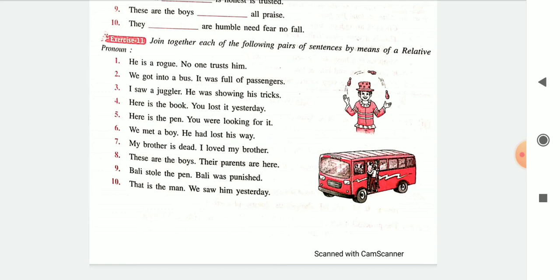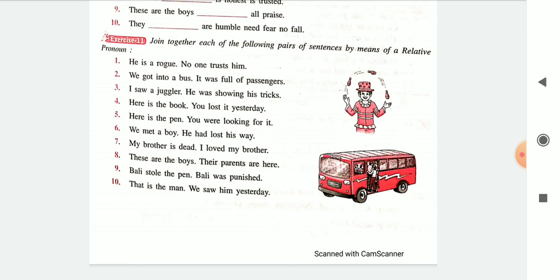One more. We got into a bus. It was full of passengers. We got into a bus which was full of passengers. Third, I saw a juggler who was showing his tricks. I hope you have got it now. Please try and finish the rest of the sentences. This is the relative pronoun, used for joining two sentences. It should not be very difficult.